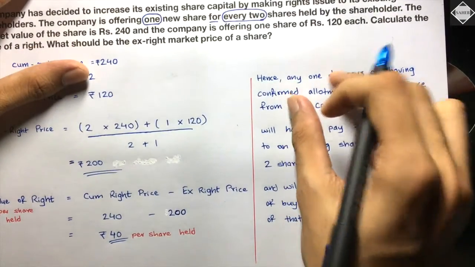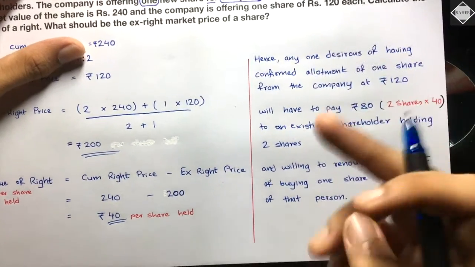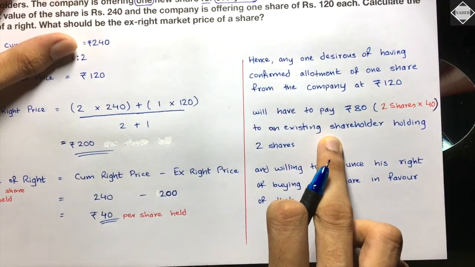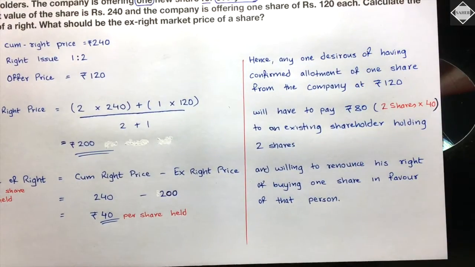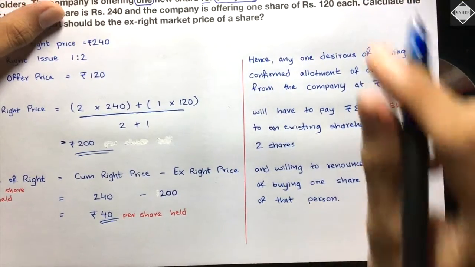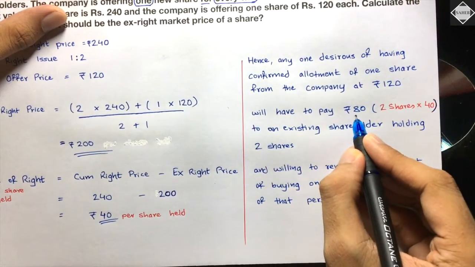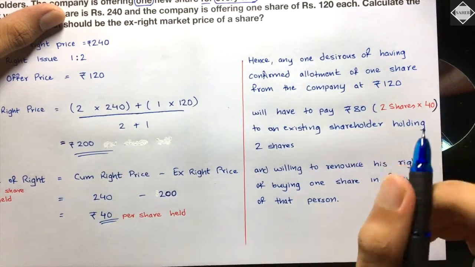So that is why any other third party person will have to go to an existing shareholder and ask, Mr. Existing Shareholder, I want to purchase a right from you. So to that existing shareholder, this third party person will have to pay rupees 80 to buy one right.